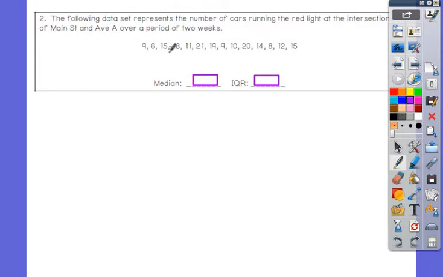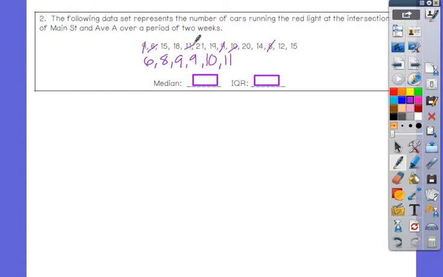To do so, we first have to put these data points in order from least to greatest. That's step 1. So I see my smallest number here is 6. Then 8. And I have 2 sets of 9s, I believe. Next would be 10. I don't see any more 10s.